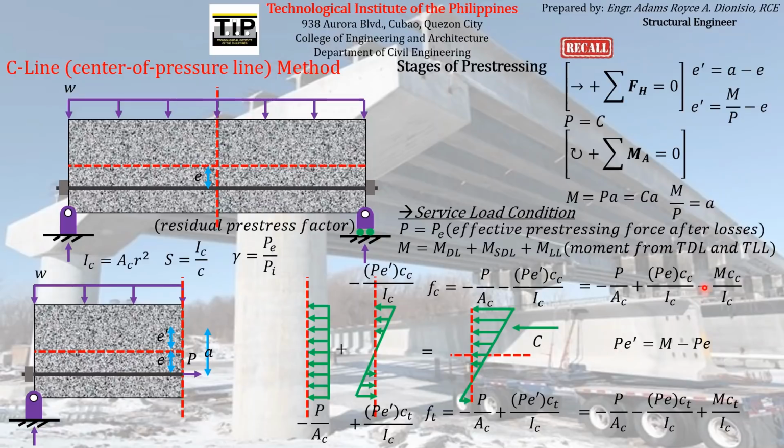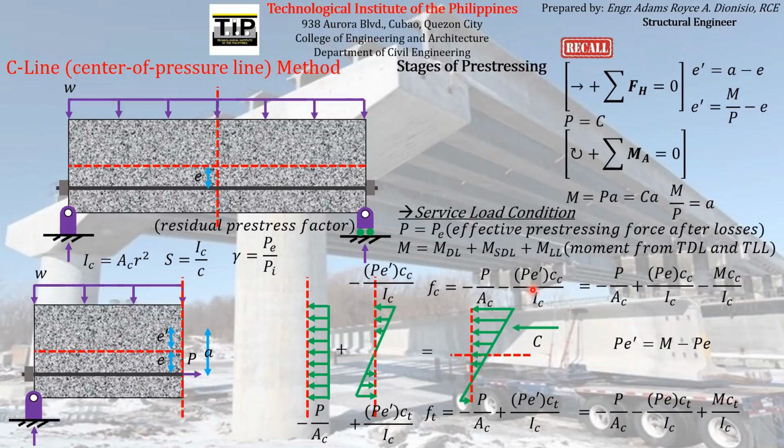So again, if we factor out C over I here and C over I here, we can get an expression equal to M minus P e if we also factor out the negative sign. So that M minus P e was just replaced by P e prime in this expression.